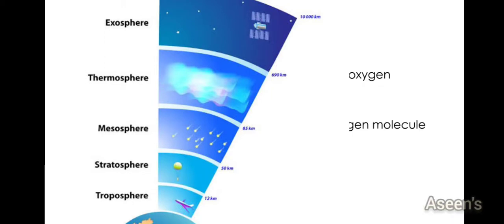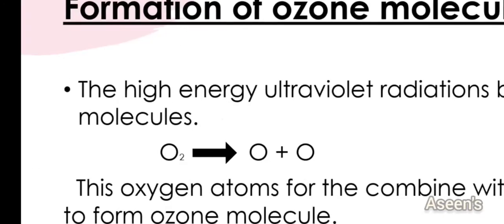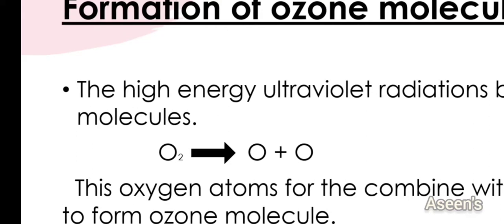Now let's see how the ozone molecule forms. What happens here is high energy ultraviolet radiations break the gaseous oxygen. The oxygen which we breathe is made up of two oxygen atoms, as you can see here on the screen. Because of high energy ultraviolet radiation, it is broken into two oxygen atoms, that is nascent oxygens.